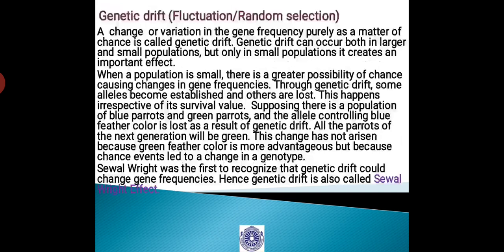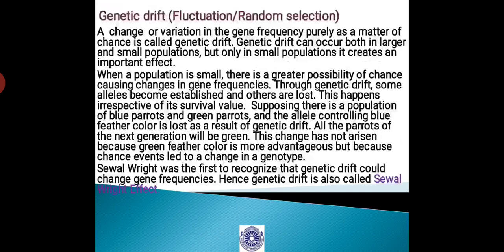And when a population is small, there is a greater possibility of chance causing changes in the gene frequencies. Through genetic drift, some alleles become established and others are lost. And this happens irrespective of its survival value.